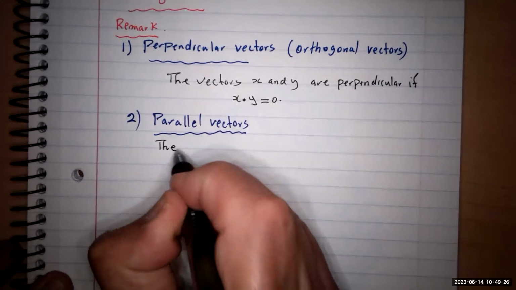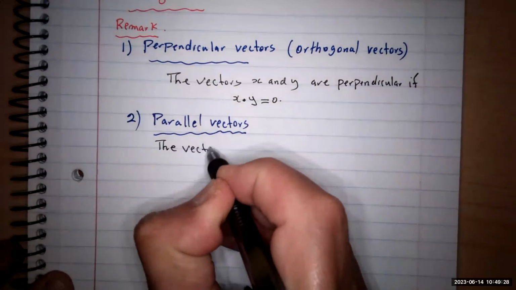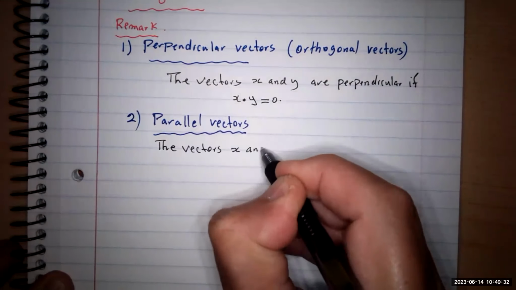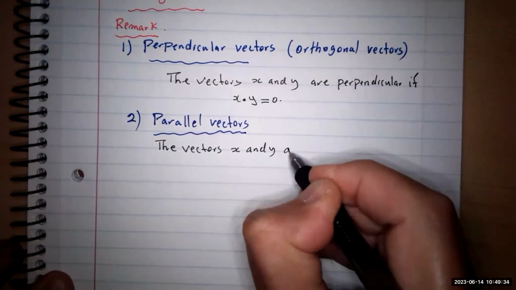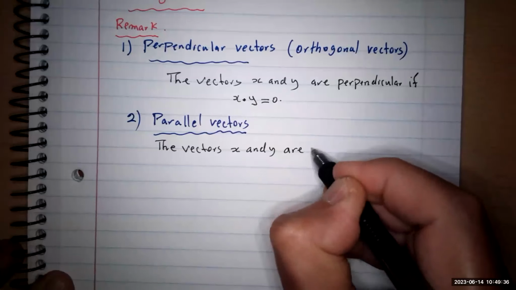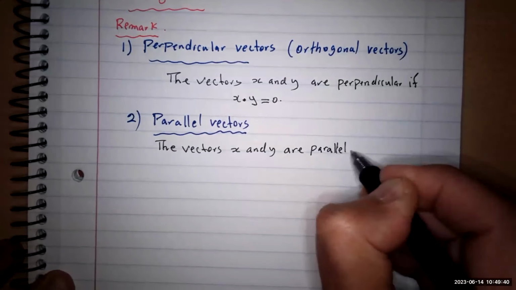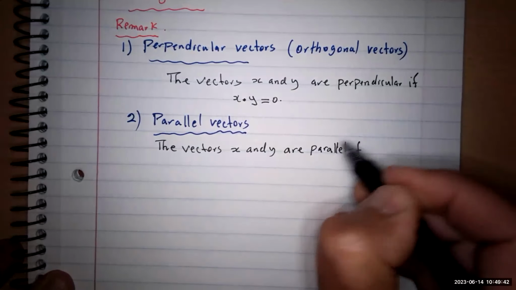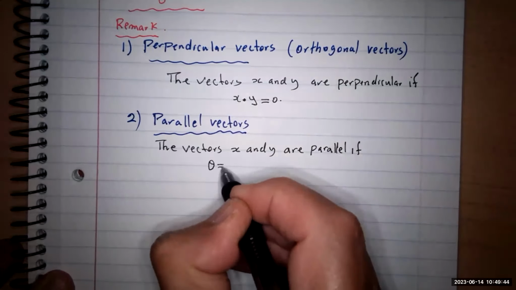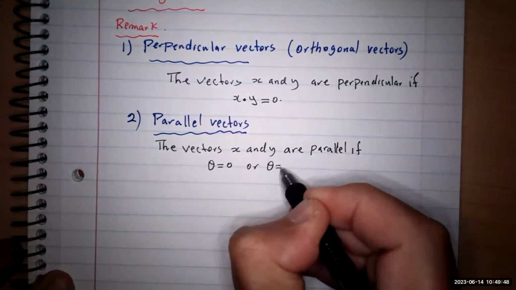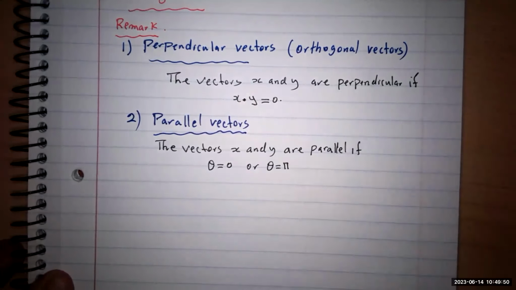So the vectors x and y are going to be called parallel if the angle between them is zero or the angle is pi. Almost, they're going to be the same.